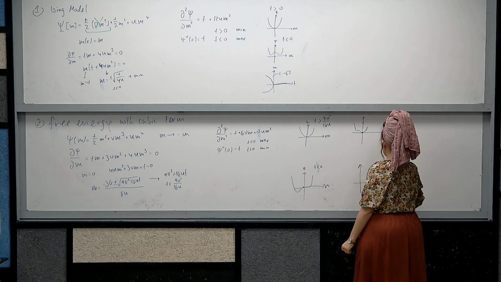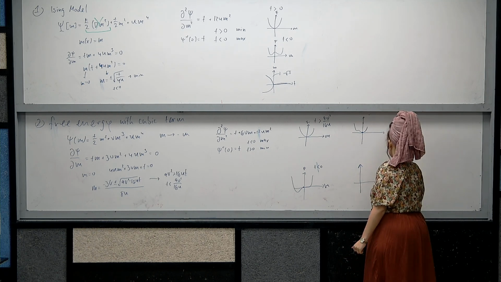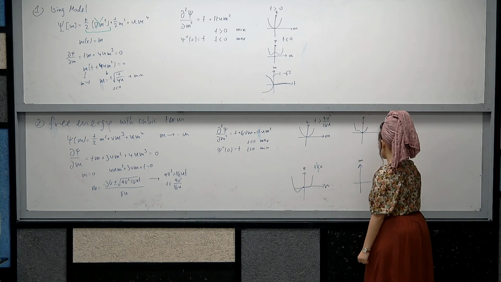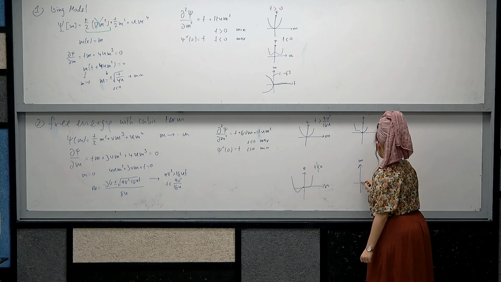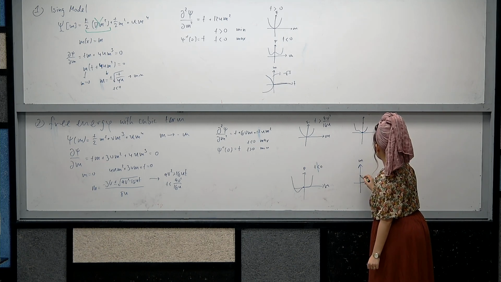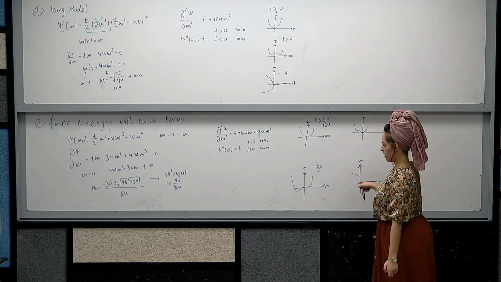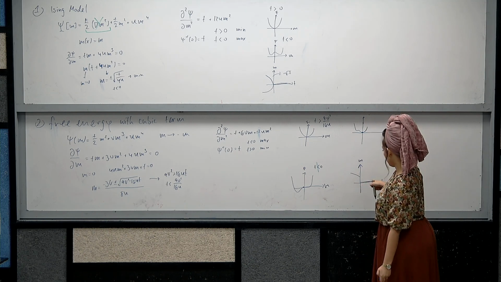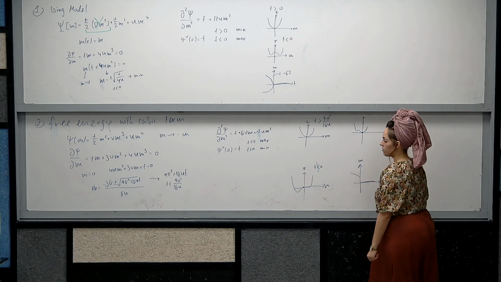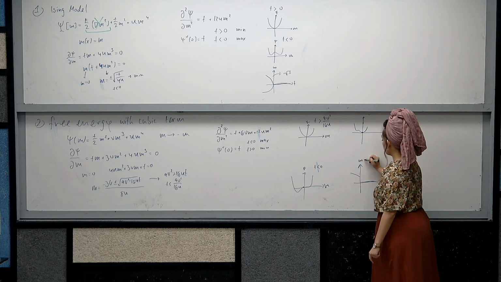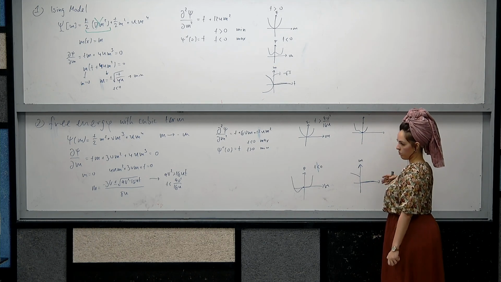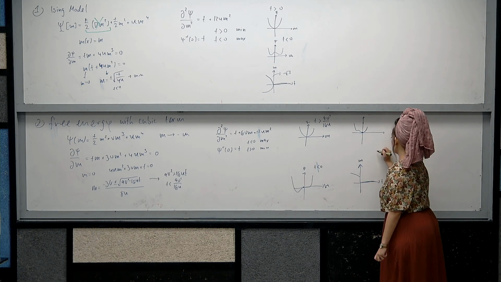It would start like this, and then at t it would go like this. So this is a first order phase transition, when the order parameter jumps, when the order parameter is non-analytical.